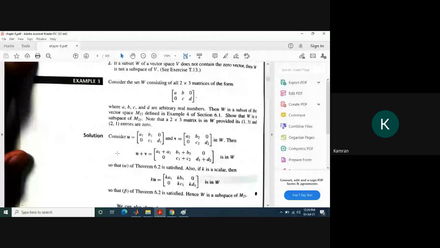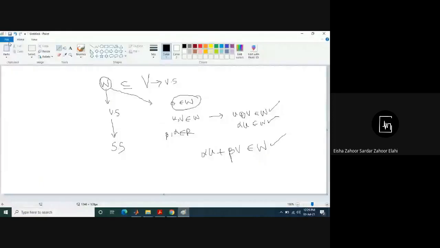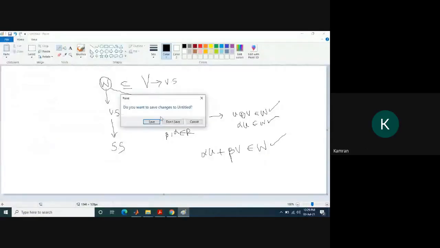And consider this set W. It contains matrices of the form A, B, 0 and 0, C, D. We need to check, देखिए कौन से सेट का सबसेट है. This set can be a subset of the set of 2 cross 3 matrices.